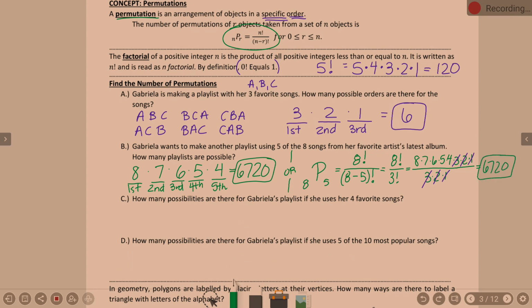Did we have to use a formula in this one? No. Are there times where you're going to want or need the formula? Yes. Because there's times when you're not going to be just doing 5 blanks, or you're not going to start with a number as low as 8. So, in a scenario like this, I'm okay with either or.